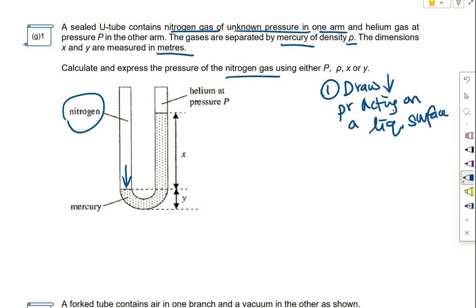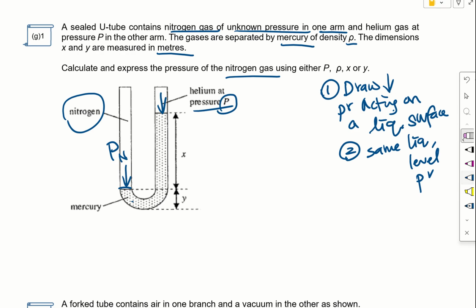Over here, the surface of the liquid mercury, I will say this is Pn, which is how I denote pressure due to nitrogen gas. Now this is helium, so this will be at pressure P. I just need to draw in the arrow. The next step is to find where we have the same liquid, same level, same pressure. Over here we have the same liquid, same level, same pressure, but because the dimensions are not given here, it is quite useless.